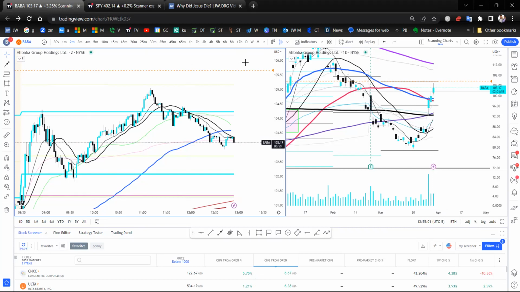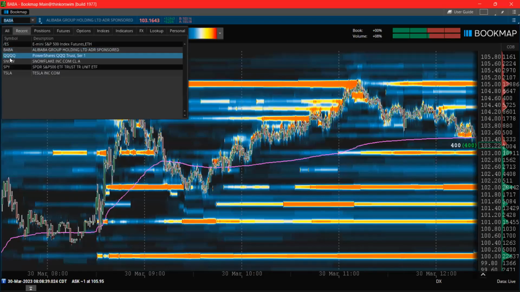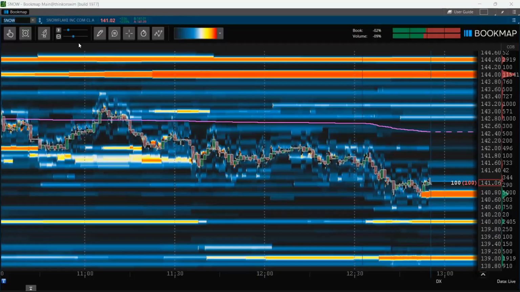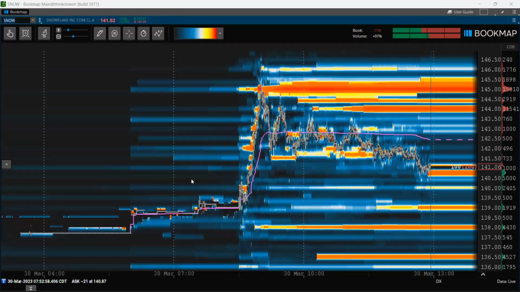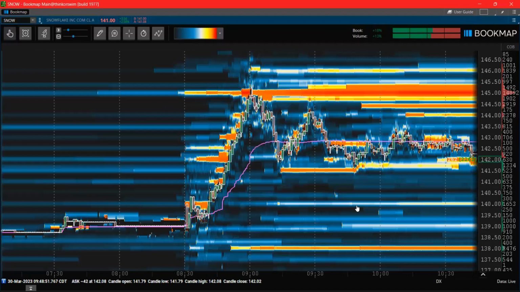For example, let me see if I can get back to Bookmap here. Let's go to the Snow. All right, so pull up Snow here. I told you earlier, it was beautiful. Also, another thing I talk about in the other videos is understanding the ATR. Both of these stocks validated on their ATR.